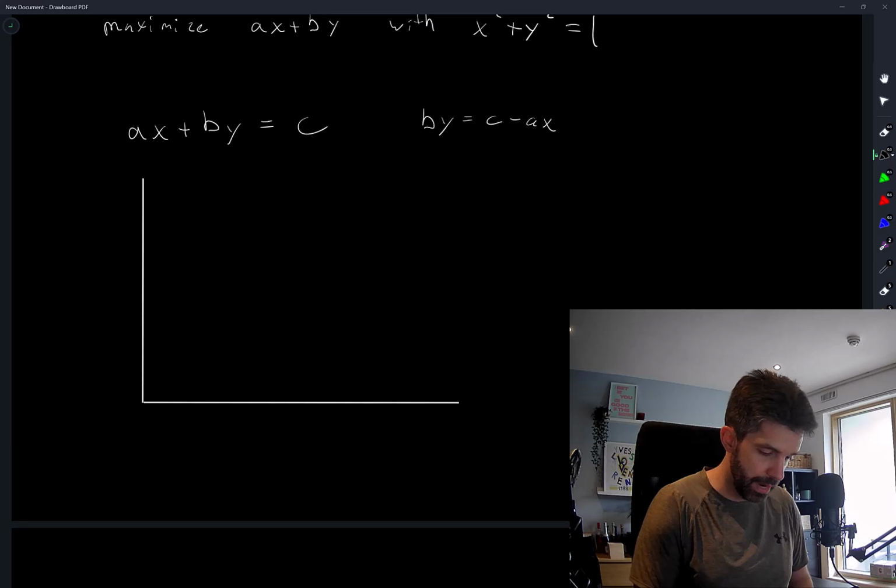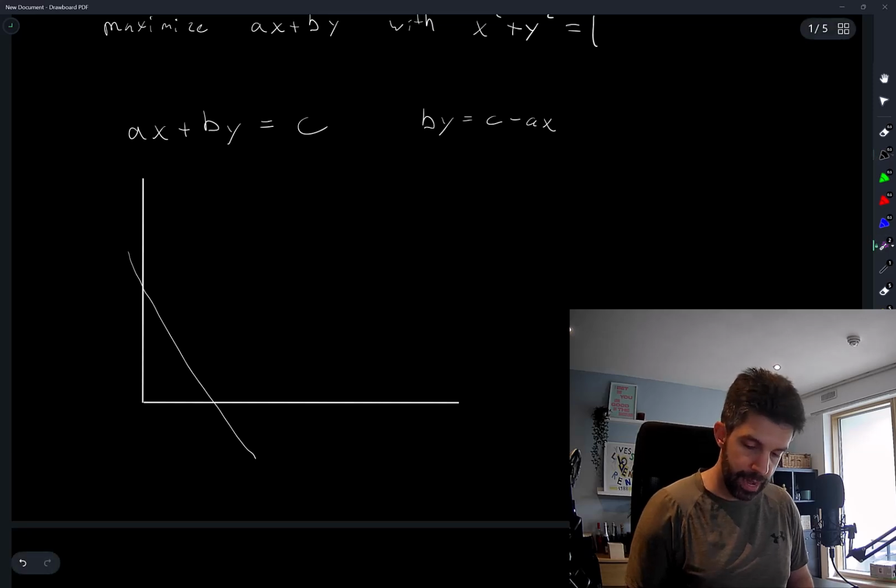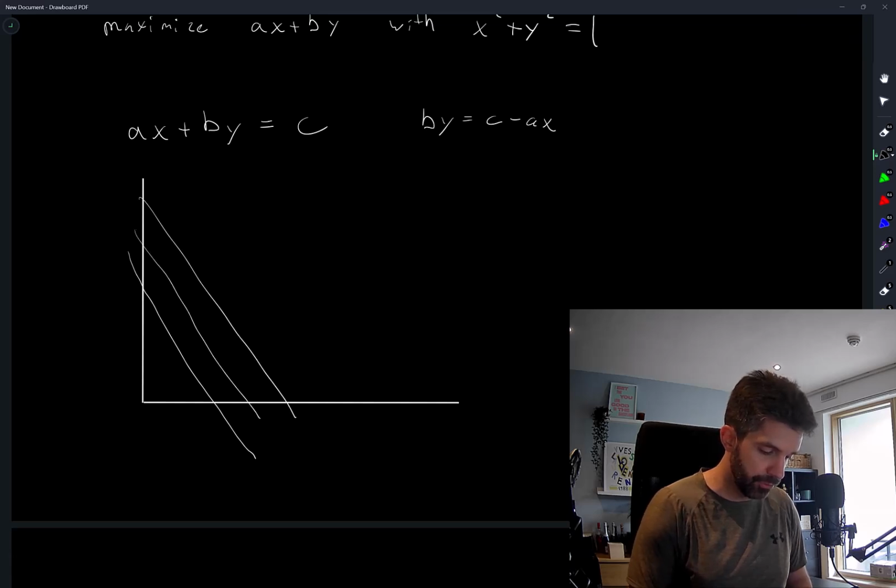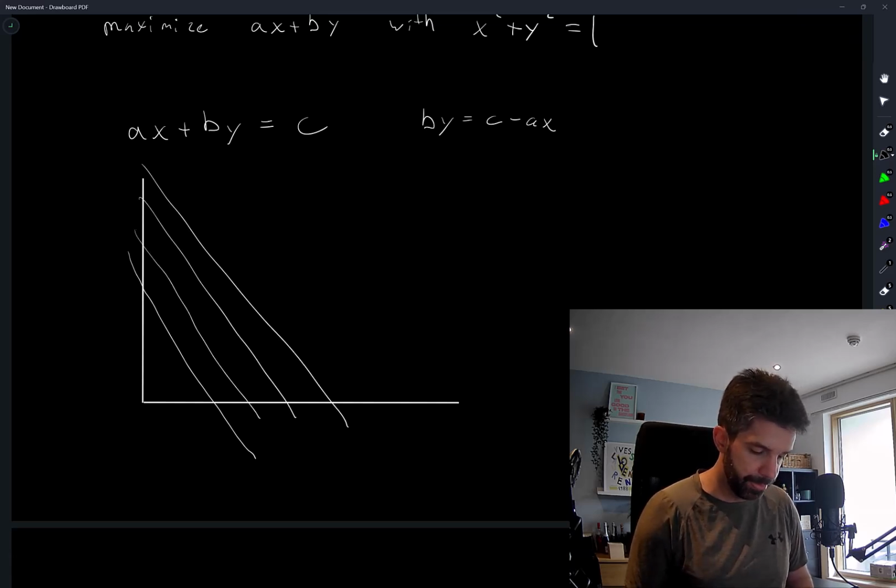Remember that a and b are fixed, so every different value of c is going to give us a line like this, and all of the lines will be parallel.